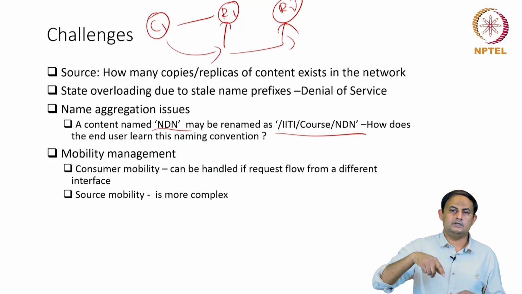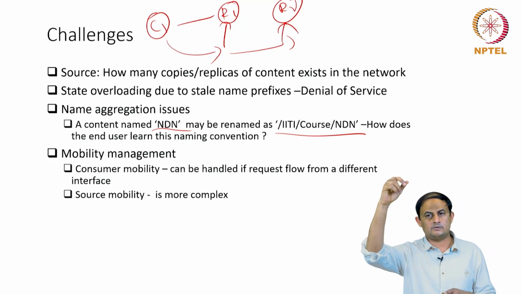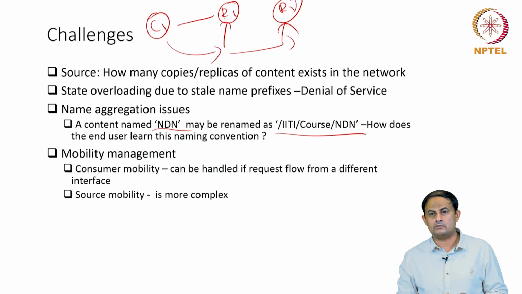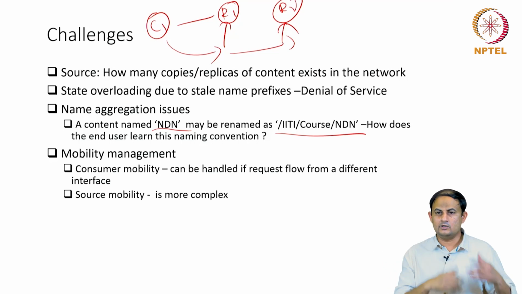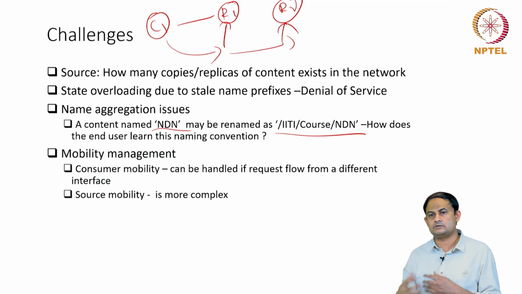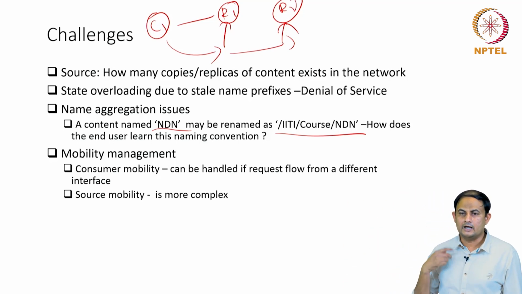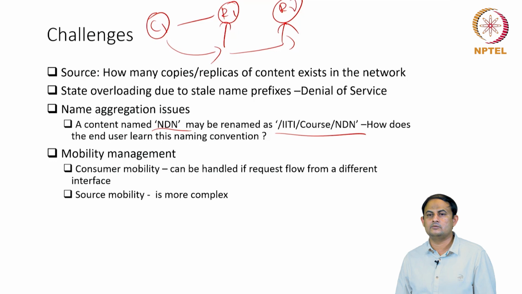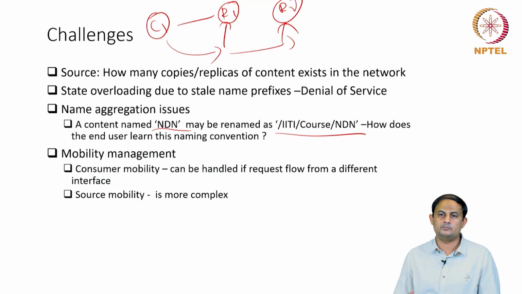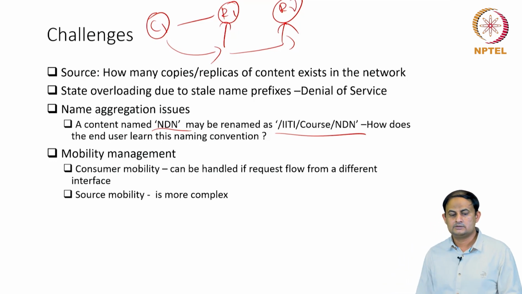The next content request should go to R20 instead of R1. How do I make the routers in the network dynamically aware of the mobility of the producers? That is another challenge. Again, we don't have concrete mechanisms to address this yet, but nevertheless that is one challenge the ICN network brings.